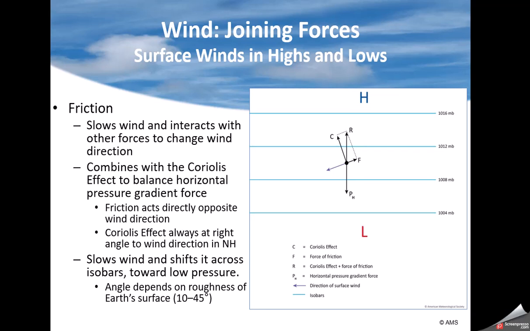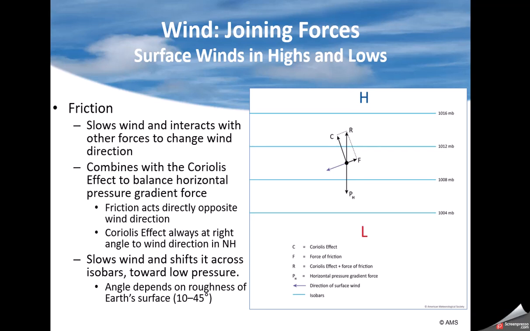Instead of moving directly in towards a high, they're going to tend to want to go or diverge away from the high. On the low pressure, on the other hand, they're going to tend to pull it in, converge. They kind of tend to cross the isobars at slightly different angles because of that. Instead of going straight across or straight parallel, they're going to move at an angle.